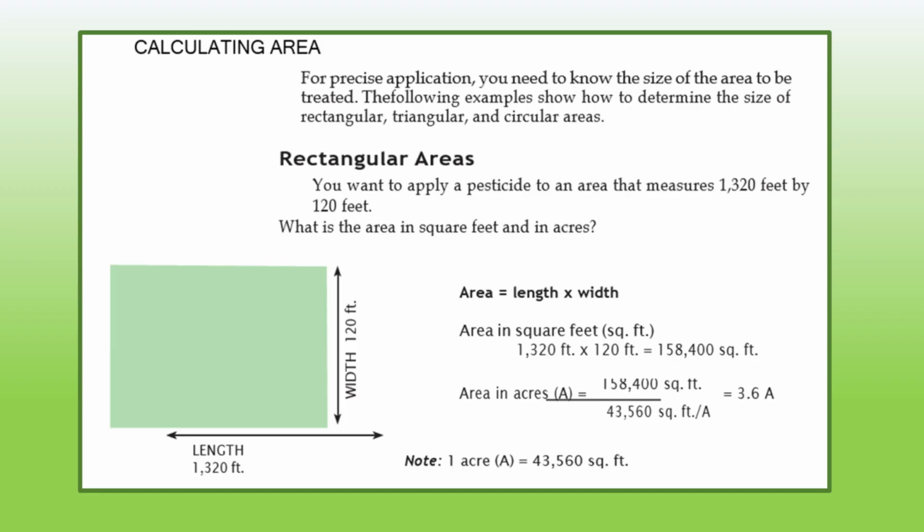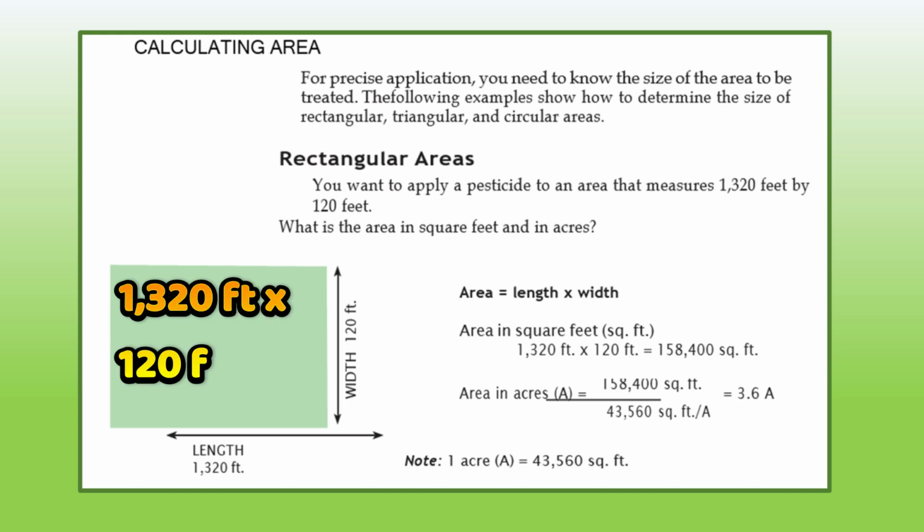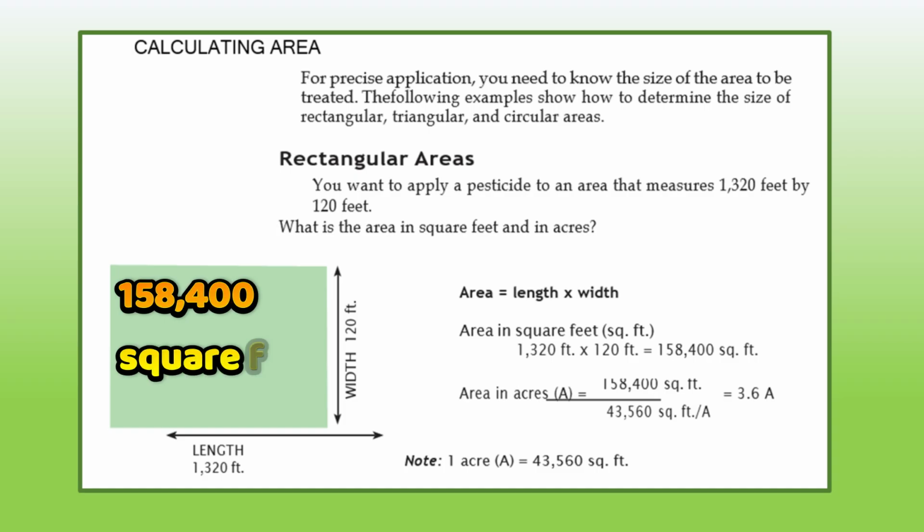So first in our calculation, we're going to take the length, 1,320 feet, and times it by the width, 120 feet. This is going to give us a total of 158,400 square feet. Now we want to figure out how much this is in acres because a lot of our product labels are going to deal in acres.